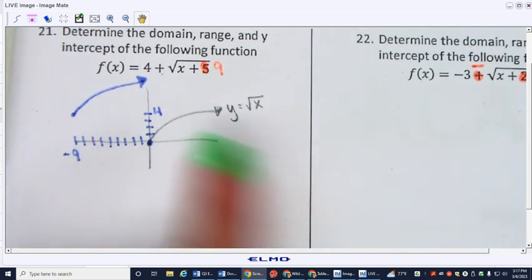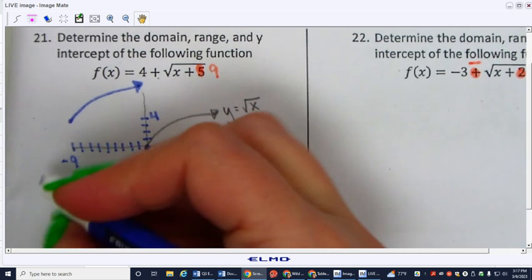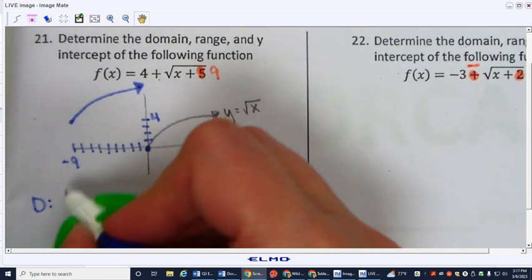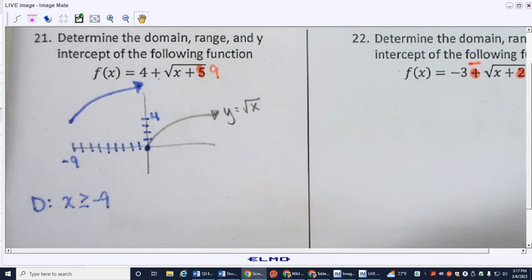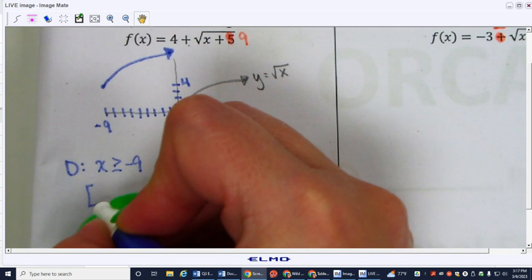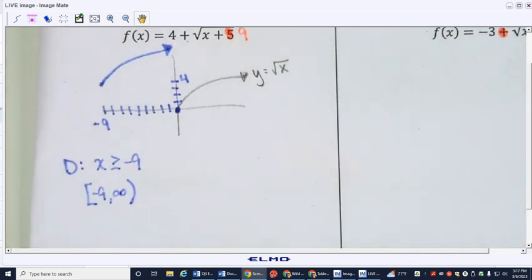So looking at the blue line, not the pencil, that's the parent function, I need to determine the domain. What values of x are allowed? Greater than or equal to negative 9. You could see it written like that, or you might see it written as everything from negative 9 to infinity. Both of those say the same thing.